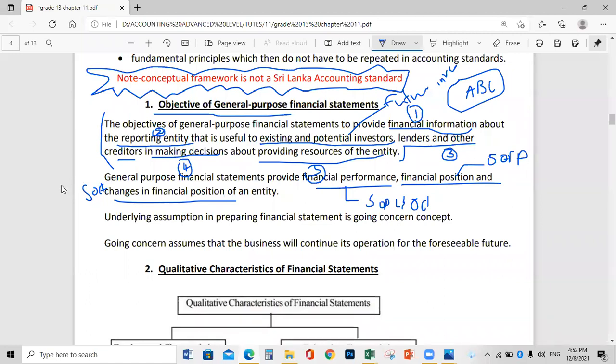Now, when this was a past paper question, most students got it wrong, because when they saw the words financial position, they thought the statement of financial position was the answer. Guys, if they just say financial position, it is the statement of financial position. But if they say changes in financial position, they are talking about the statement of cash flows.